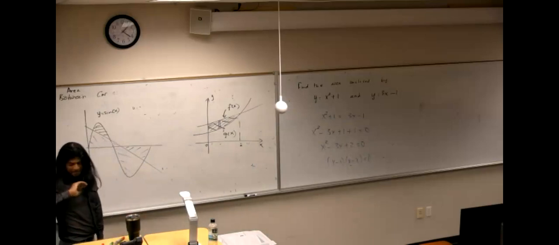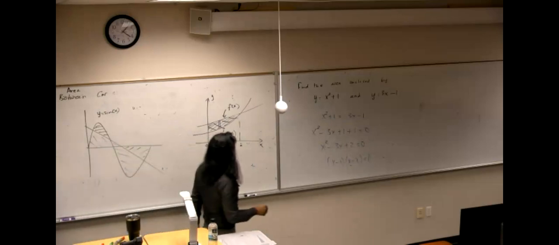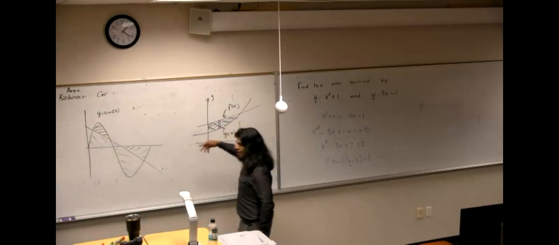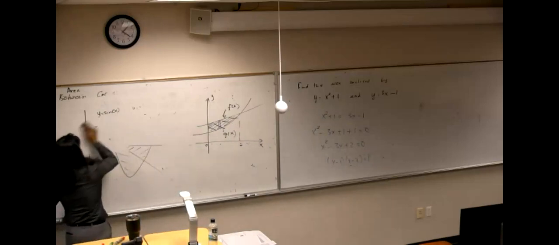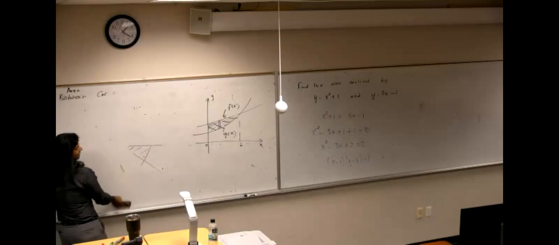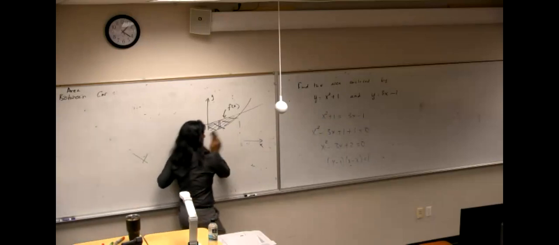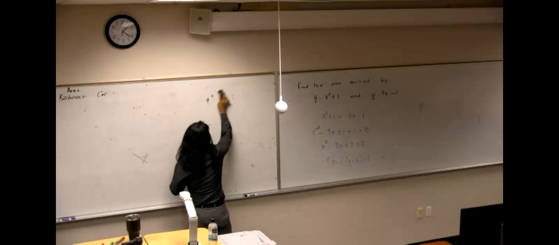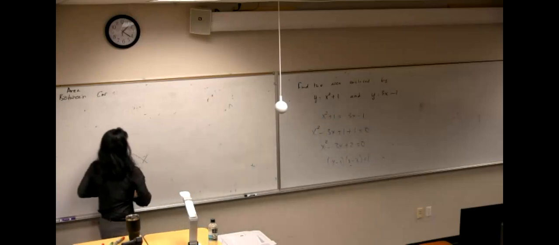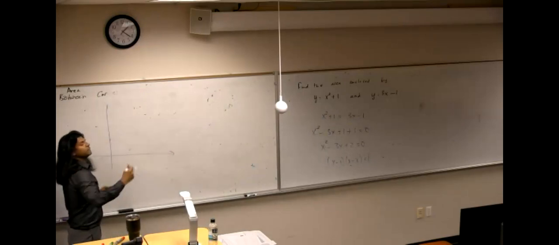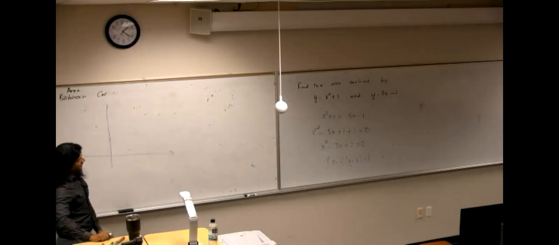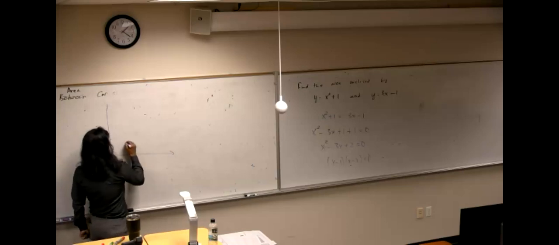So in between those 2 points, which curve is the upper curve and which is the lower curve? You can look in your calculator. I know which is which. Even without a calculator, when you plug in 1, what do we get in y equals x squared plus 1? 2, okay.